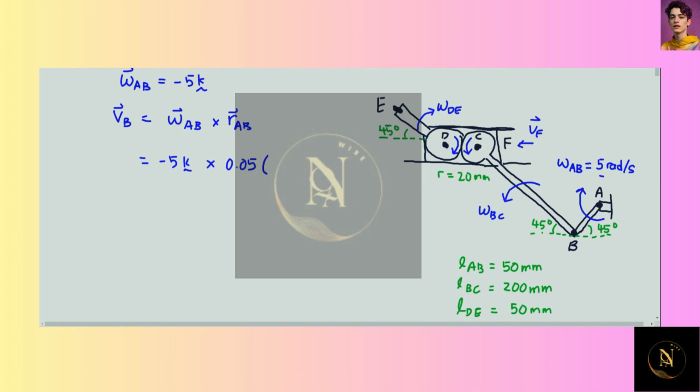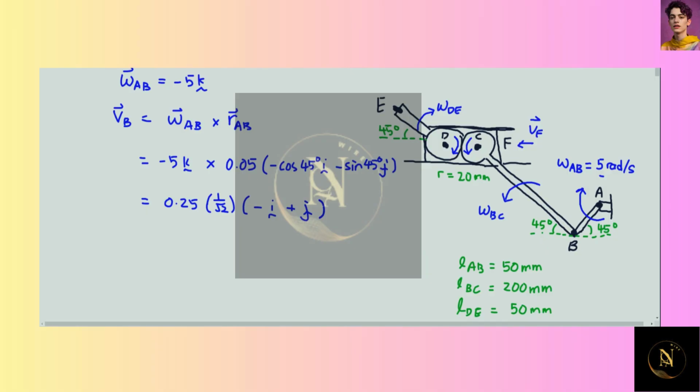The position vector of B relative to A is 0.05 minus cosine 45 degrees I minus sine 45 degrees J. Doing this, we get 0.25 times 1 over root 2, and then minus k cross minus I, we get plus j, and minus k cross minus j, we get minus I.